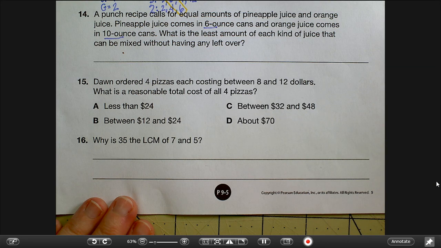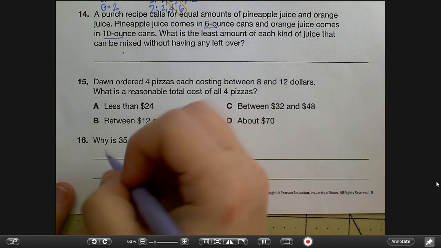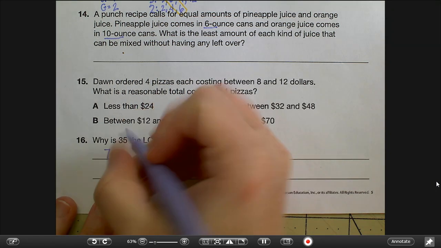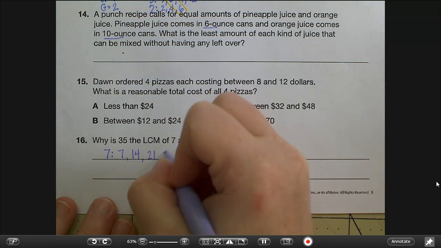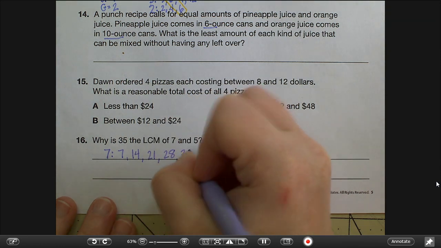Number 16 says, why is 35 the least common multiple of 7 and 5? Let's think about that. 7, 14, 21, 28, 35.